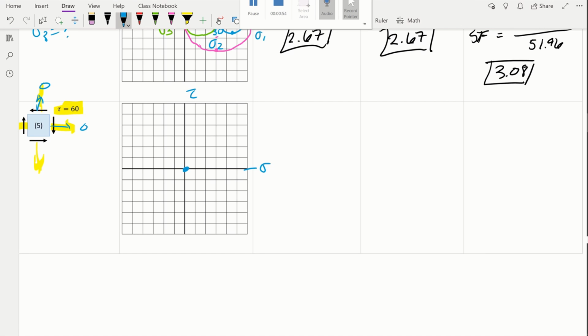This can either be up, positive, 10, 20, 30, 40, 50, 60, so right there, or negative, 10, 20, 30, 40, 50, 60. So in this case, the diameter of the circle is like this. We got those 2 points. They lie on that circle. Sigma is 0. So there we go.